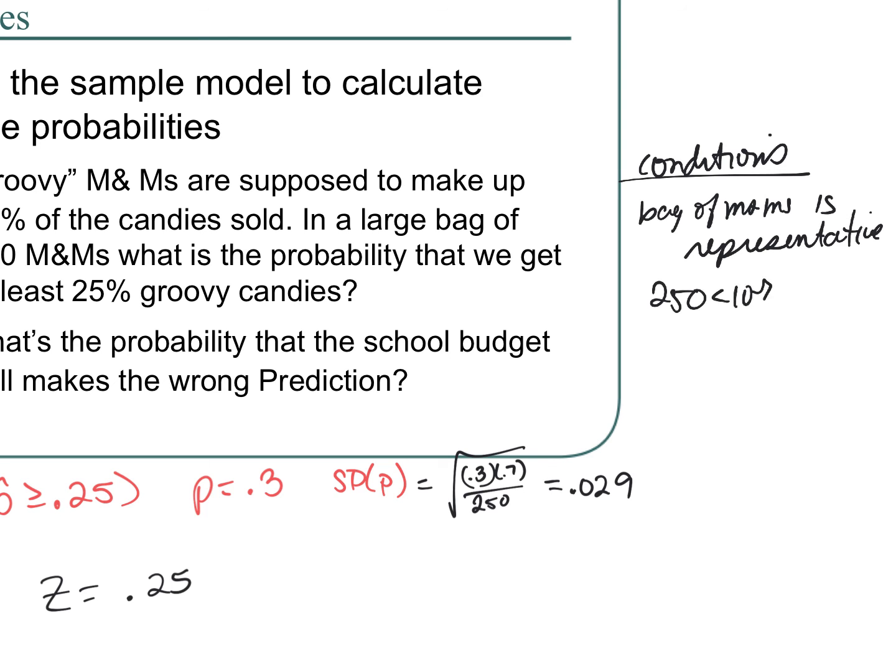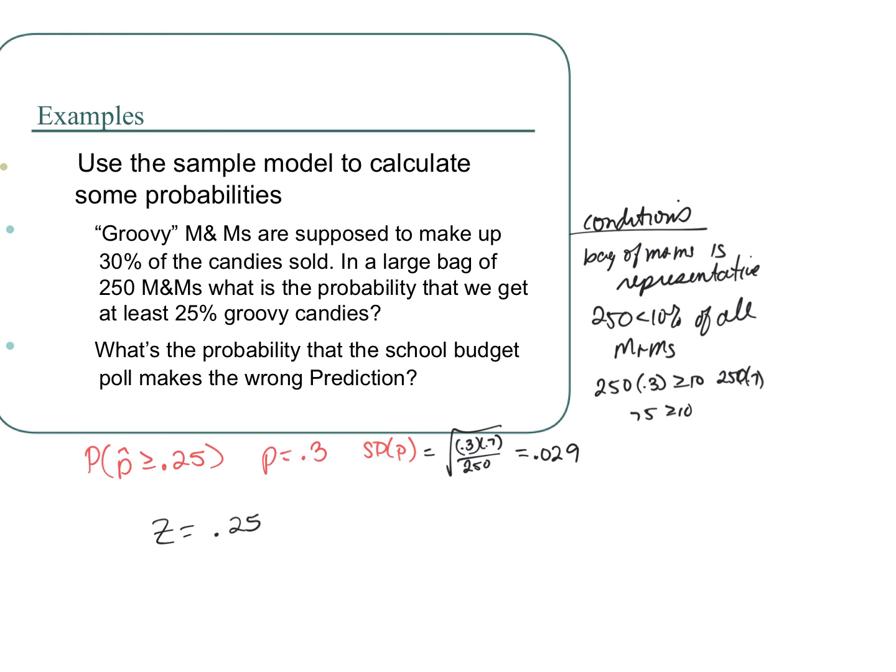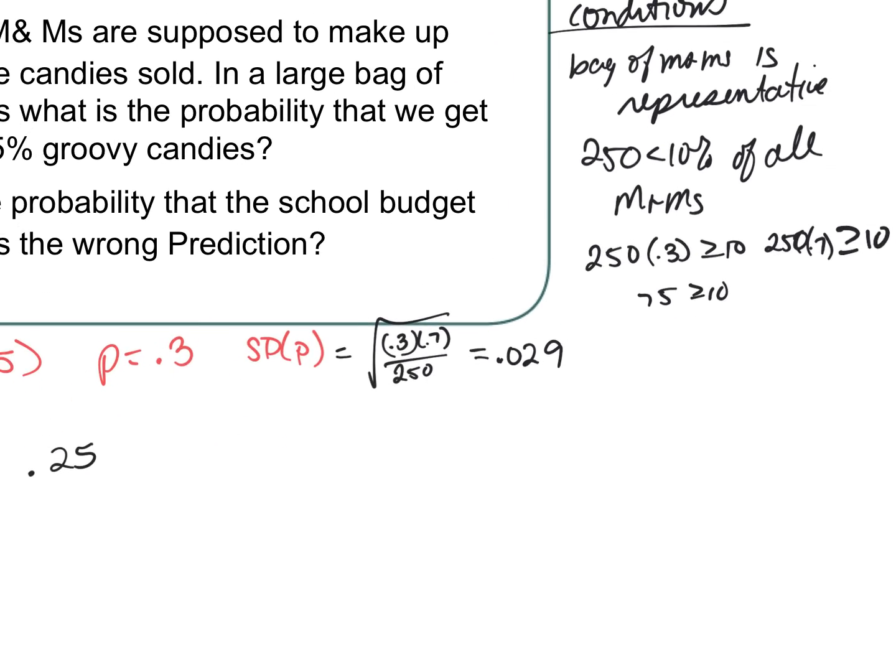250 is less than 10% of all M&Ms. Right, of all M&Ms in the world. Yes, that's good. And 250 times 0.3 is 75. And 250 times 0.7 is 175, right?